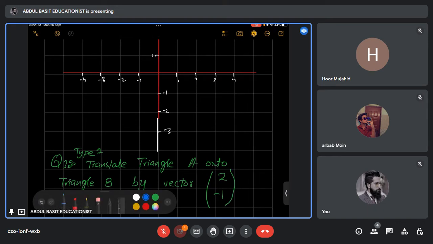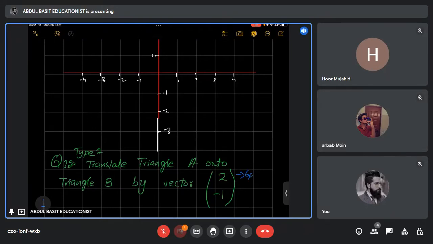This 2 is positive, which means 2 steps towards the right, go right, and then 1 down, then go down. Let's see how it happens.